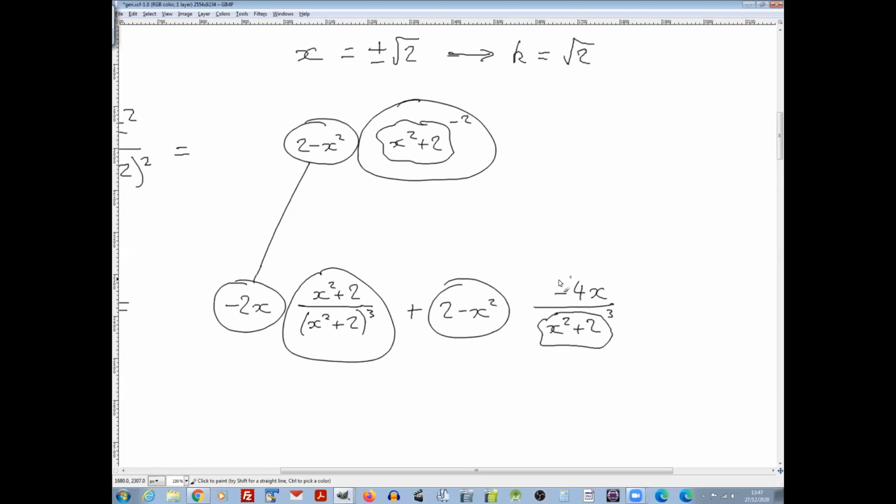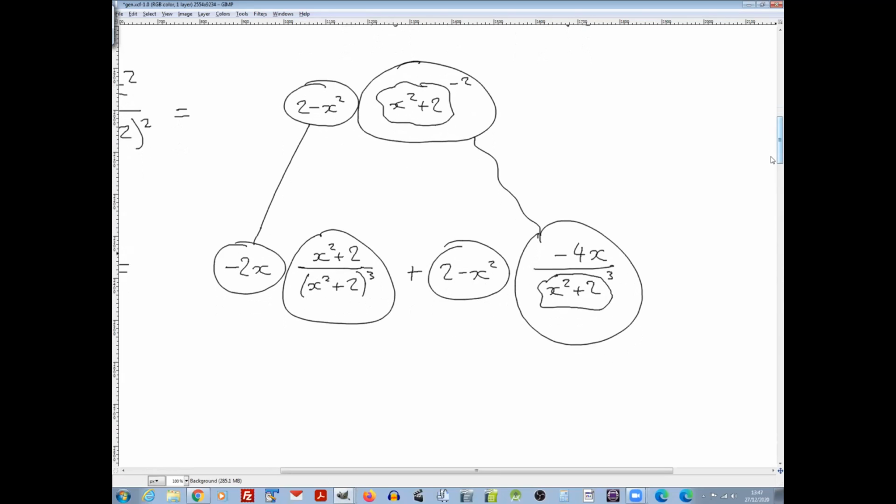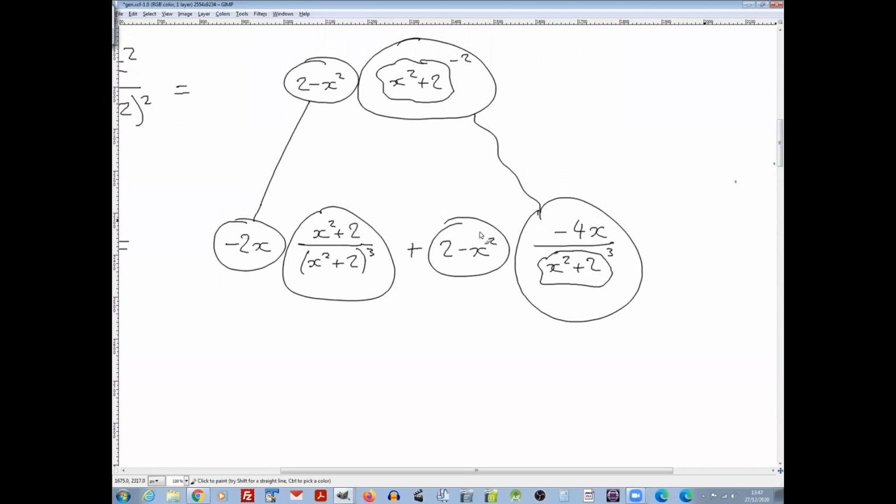You don't have to, you could leave that, but I probably would. And then all of that, minus 2x, yes, good. Minus 2 times that, times 2x.